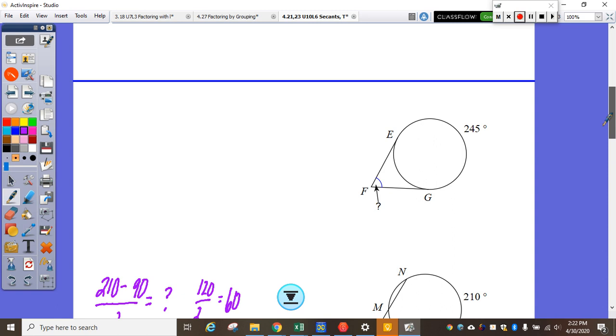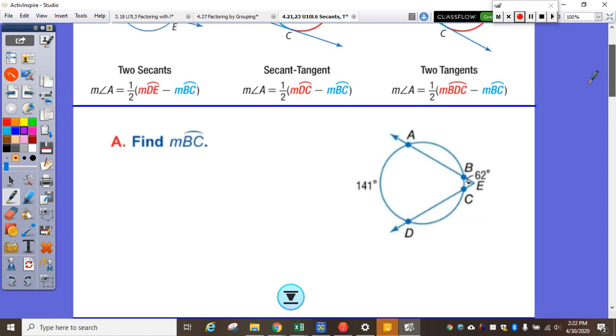If I look at it a little bit differently, let's say that we look at this. So again, I'm looking for this arc BC, so we'll just call this X. All right, and so again, the same process: larger arc minus smaller arc divided by 2 equals the angle. So 141 minus x, divided by 2, equals the angle.